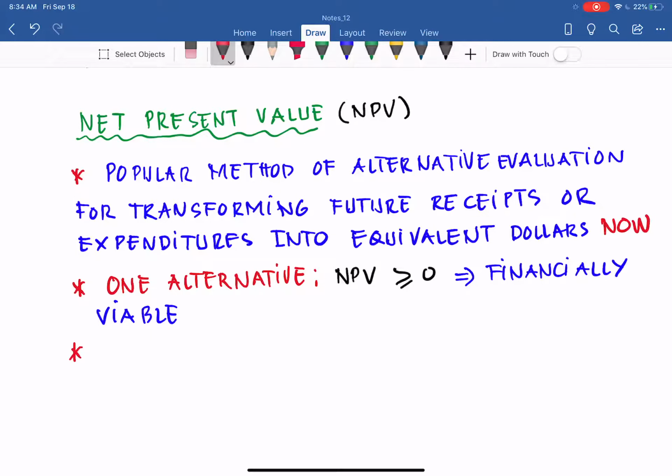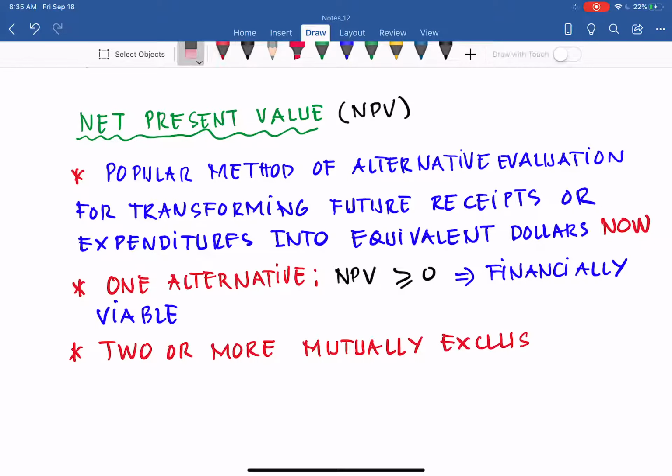Scenario that you have, if you have two or more mutually exclusive alternatives.